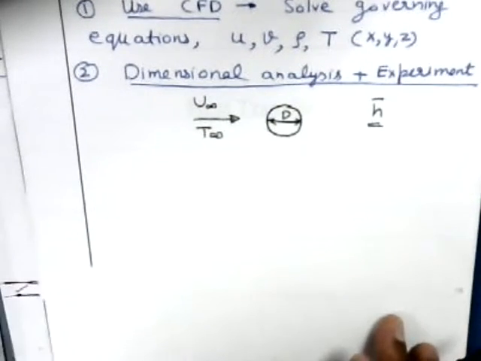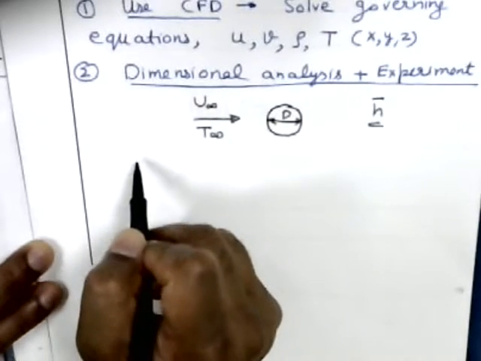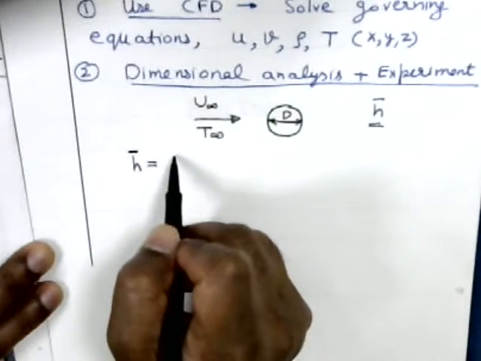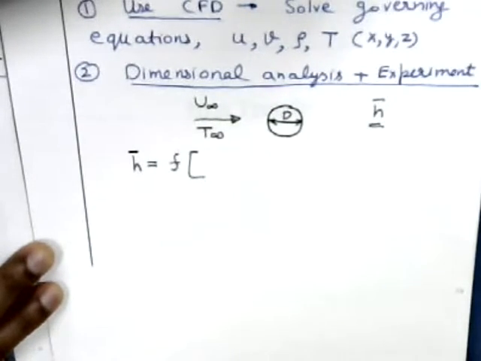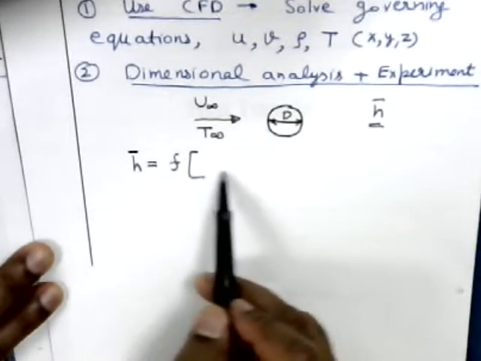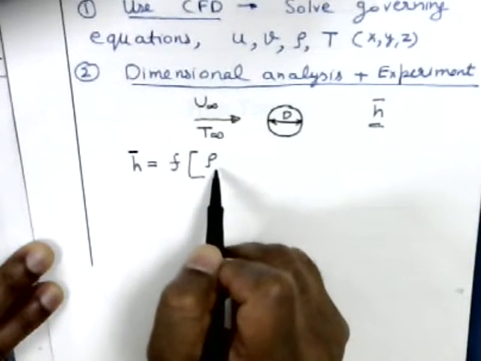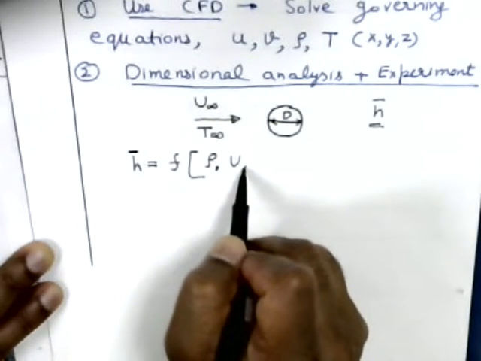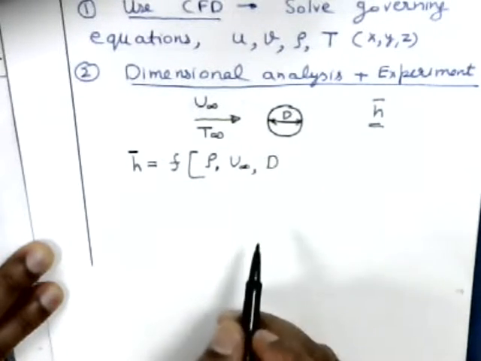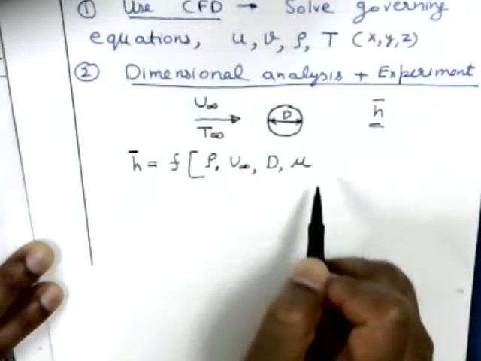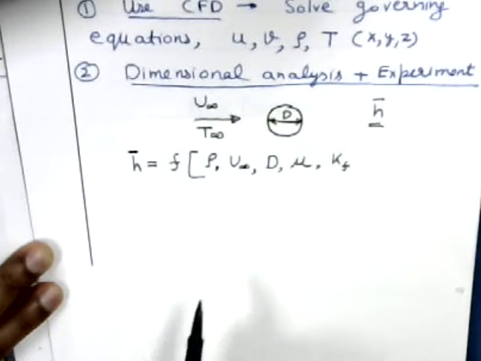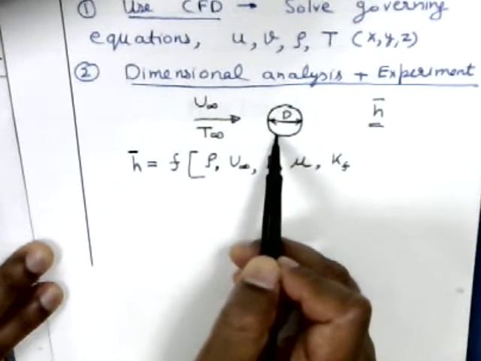When we talk about dimensional analysis, generally we write like this. So this h, this convection coefficient, it is a function of some parameters, and we have to be very careful when choosing these parameters. Let me write down the parameters which are important. There is density, the velocity of the fluid U infinity, some length scale, we take that as the diameter of the cylinder, its viscosity mu, thermal conductivity of the fluid, that will be important, because heat transfer is by conduction at the wall.